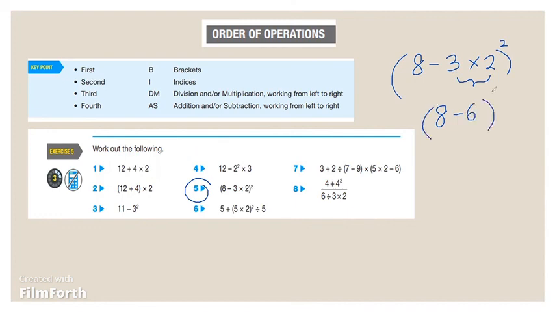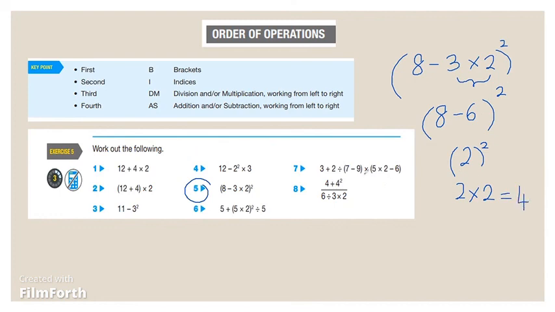Include the bracket, it's squared. So 8 minus 6, it's 2. So you have to find what 2 squared is. 2 squared means 2 times 2. When you find 2 times 2, you are getting 4, right? So that's the answer.